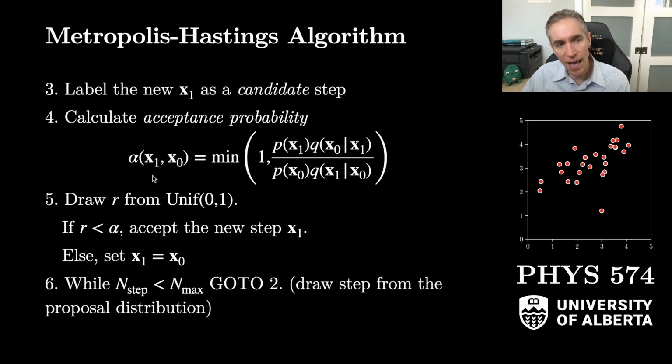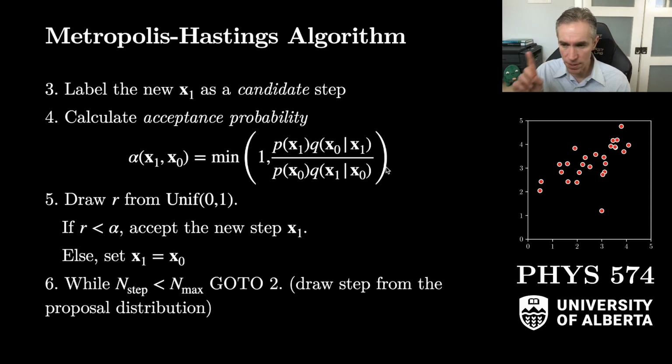So alpha of taking x1 given x0 is just going to be the minimum of 1 or the ratio of probabilities, the probability of x1 over x0, times the ratio of the proposal distributions of x0 given x1 and x1 given x0.